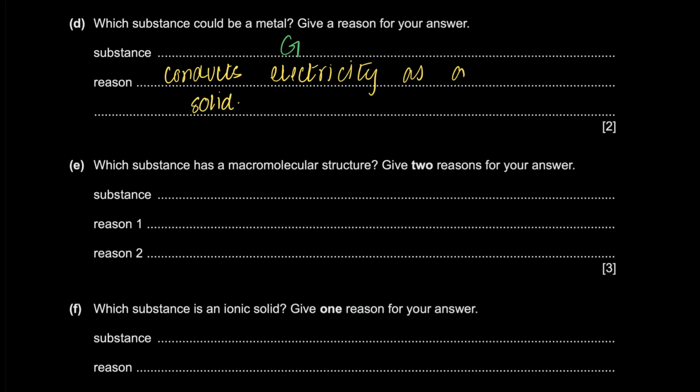Which substance has a macromolecular structure? Give 2 reasons for your answer. The best bet for us was that it is D, because it has a very high melting point, but so could ionic compounds. They're asking for 2. So high melting point and boiling point, right?